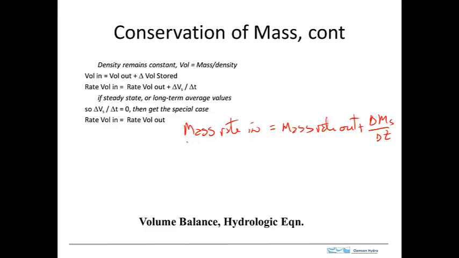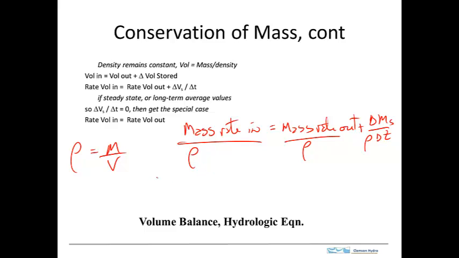Now, if we divide both sides by the density of water, which is the mass per volume, then we still have an equation, but the density is mass per volume, and so the masses cancel out.